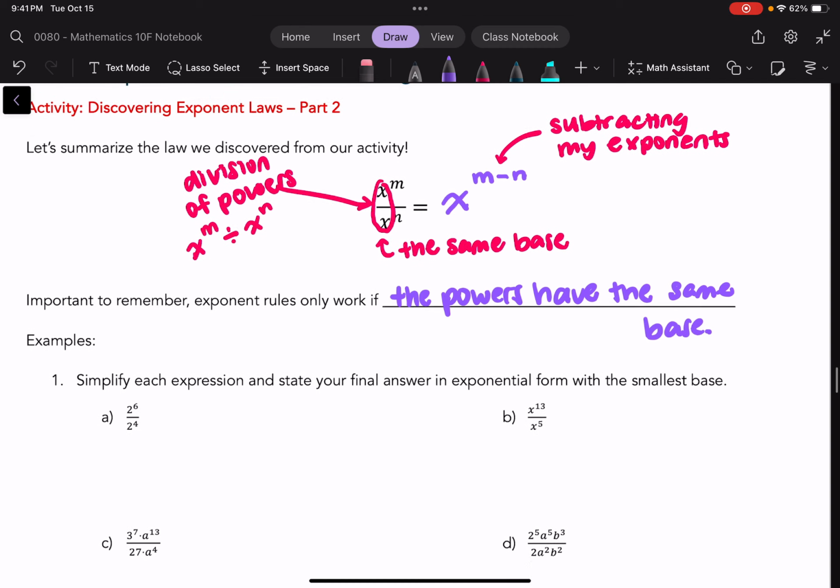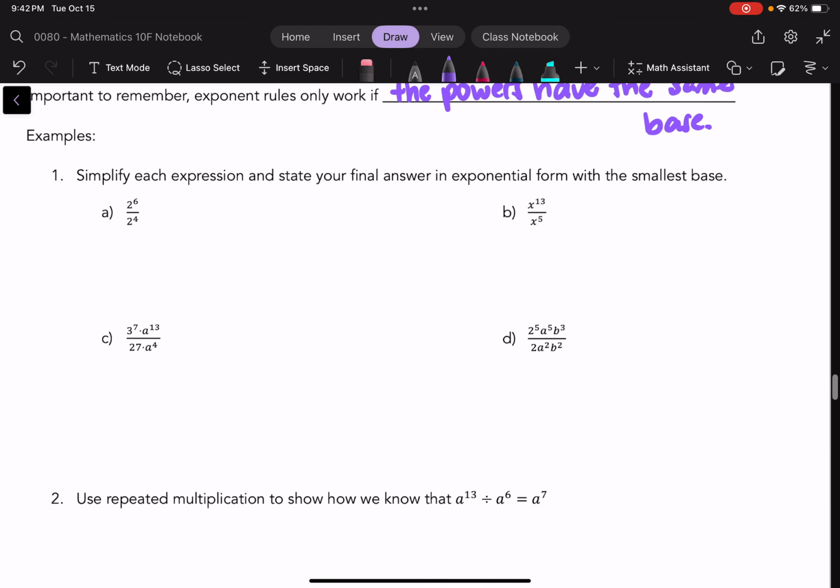So in these questions, notice the instruction is to simplify. So I want to have my final answer in exponential form with the smallest base. I want to make sure that I'm expressing my final answer as a single power if possible, or a combination of powers. Whatever I can simplify to is fine. But I'm not evaluating, right?